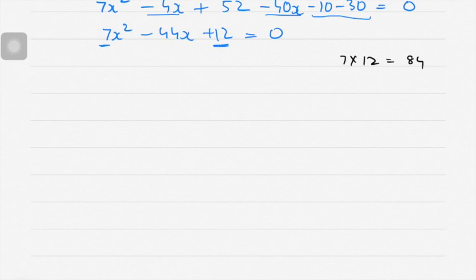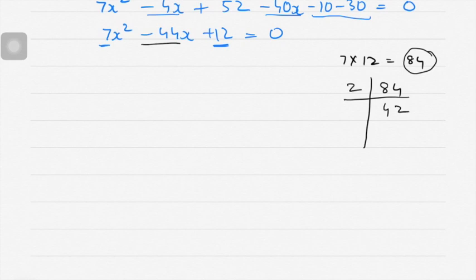So now I want two numbers. When you multiply, it has to be 84. But when you add, it should be minus 44. Okay. I want two numbers. When you multiply those two numbers, it should be 84. And when you add them, it should be minus 44.